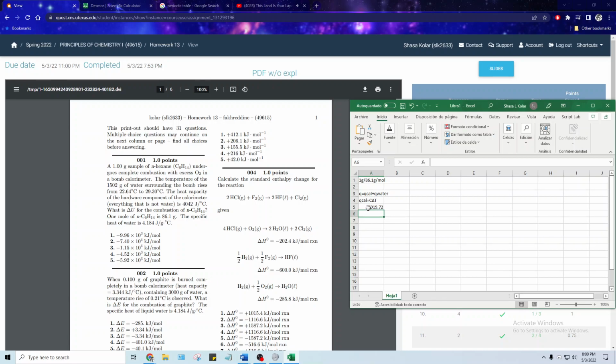Next we need our Q water, which is found using the equation MC delta T. So our mass of water is 1502. We just need to follow the equation. I could explain this, but basically we're just plugging in the equation.